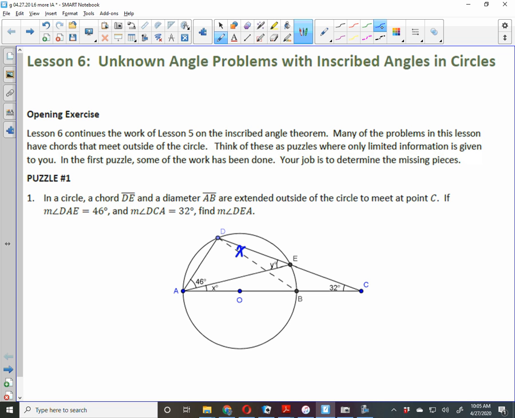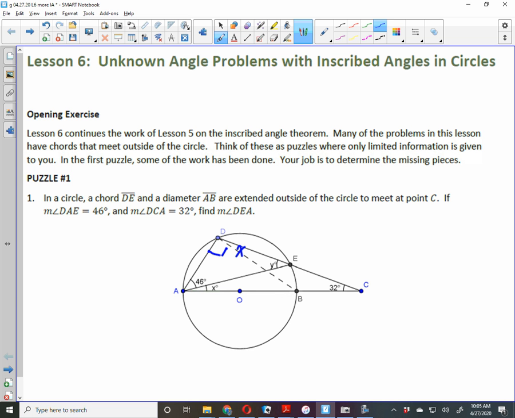So notice that I have a line here that was drawn. It created X, but it also intercepted a diameter. That means that this right here, from the dotted line to here, is 90 degrees.